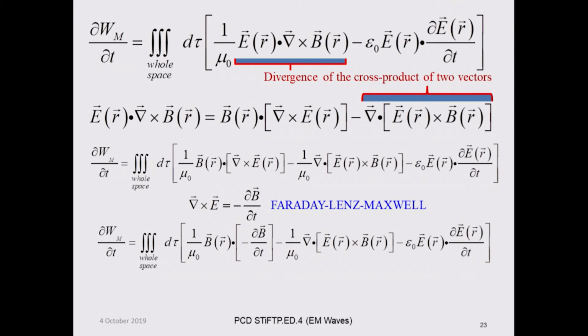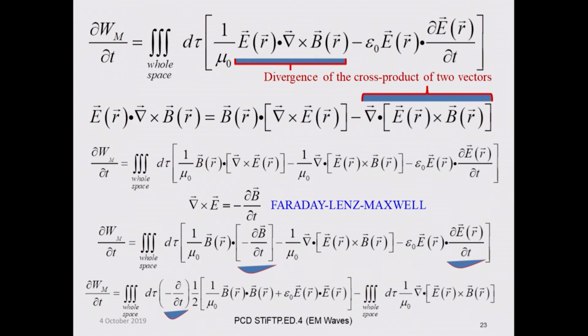And both can be written as time derivatives of the corresponding field squares. Okay, because del by del T of B square will be 2B del B by del T. Same thing with E. Okay, and because of that factor 2, you have a half factor which is coming in common from the first and the third term, which I put together in the last equation.